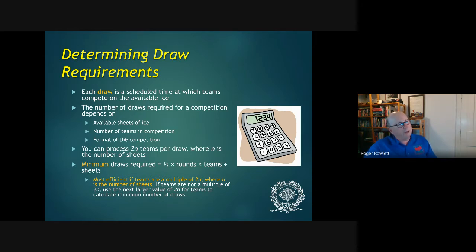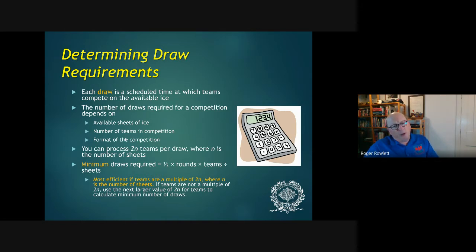So if you've got a 4-sheet club, multiples of 8 are really nice because you can process 8 at a time, which means you can process 2 rounds and have 2 draws and do a complete round and have everybody taken care of. So if you've got 16 teams on 4 sheets, that's 2 draws to complete a round. If you make it 18 teams, now it's going to take you 3 draws to process 1 round of play. And generally, you have to complete a round of play to determine who's won and lost before you can do the next round.